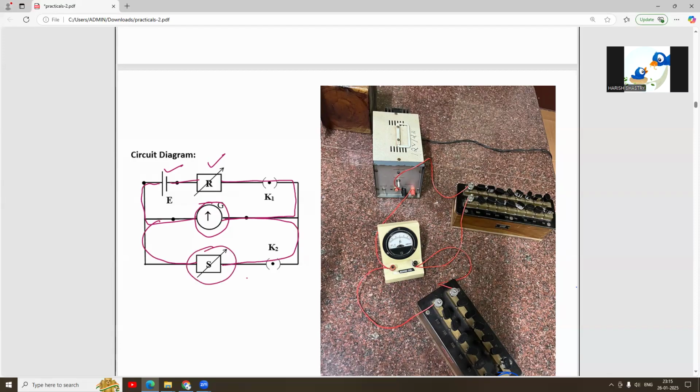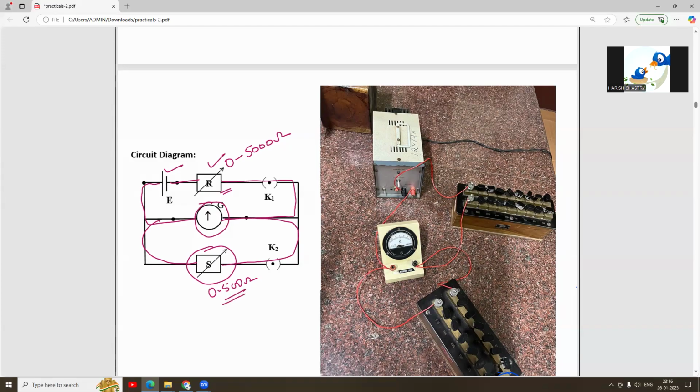This is S. This is always in the range 0 to 500 ohms. This is a smaller resistance box, whereas the other one will be a larger resistance box, 0 to some 5000 ohm range. The larger one comes in series with the galvanometer and battery. This will be a smaller one, 0 to 500 ohm only.